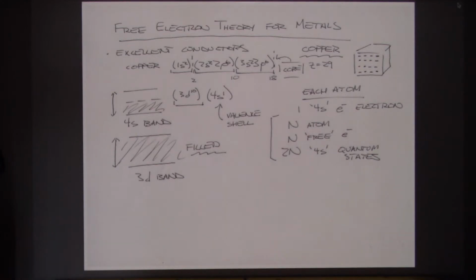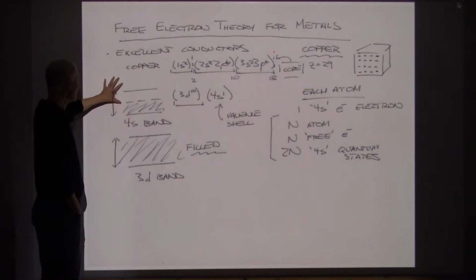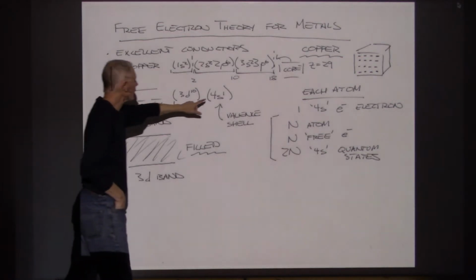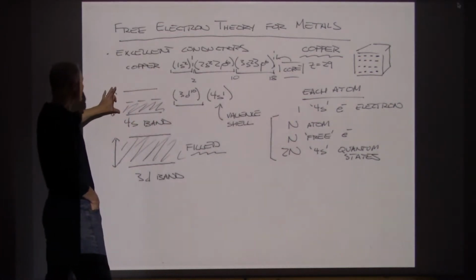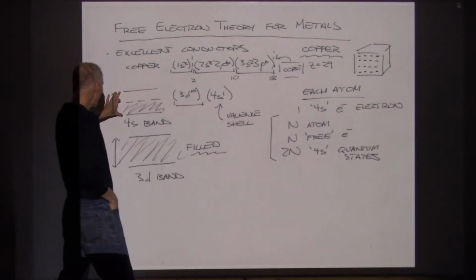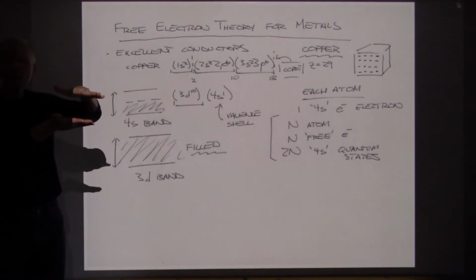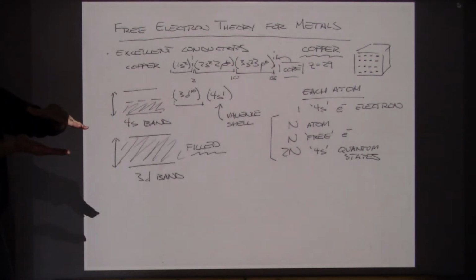By band, we mean that there's an energy associated with this quantum state. There's a certain potential energy of this band, and then there's a certain kinetic energy of the individual electrons. And so these 4s electrons are going to form a 4s band. Now, this band of quantum states, there's going to be really, really small spacing between the quantum states.